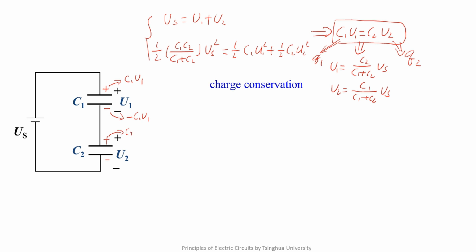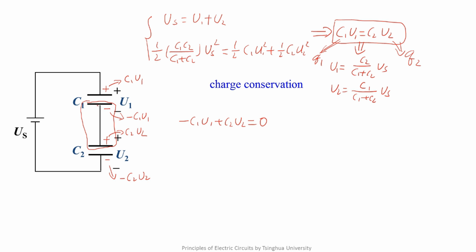This is C2u2 and this is negative C2u2. Since it is a node in the circuit, we can list the equation. That is, negative C1u1 plus C2u2 is equal to 0.